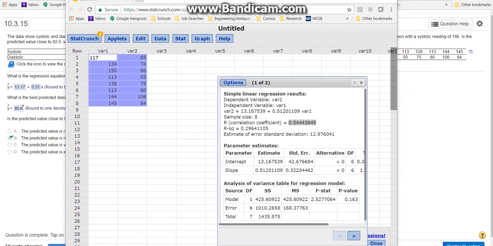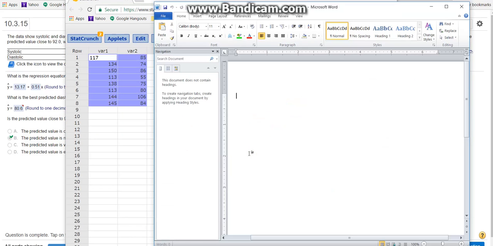And then I'm going to use the following formula. T, the T-stat, is equal to R times the square root of n minus 2 divided by 1 minus R squared.